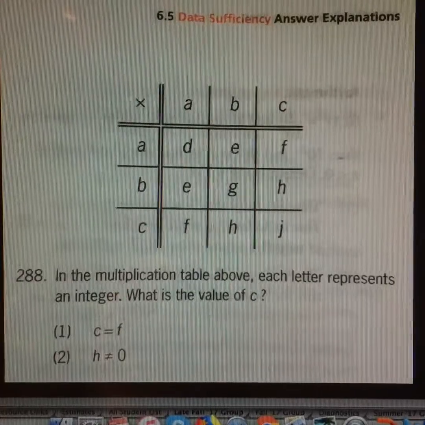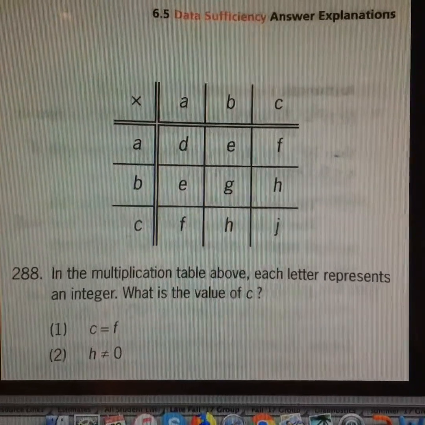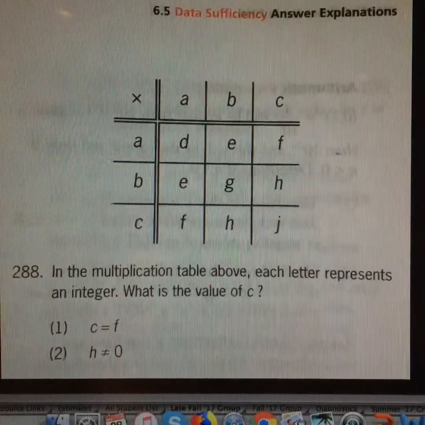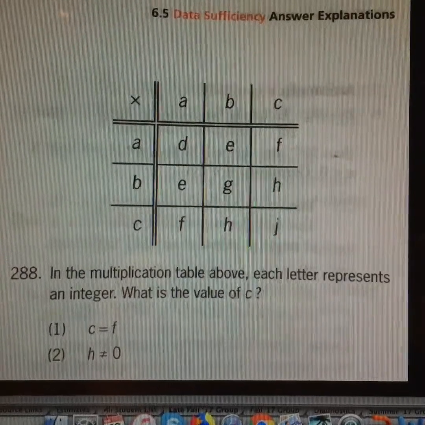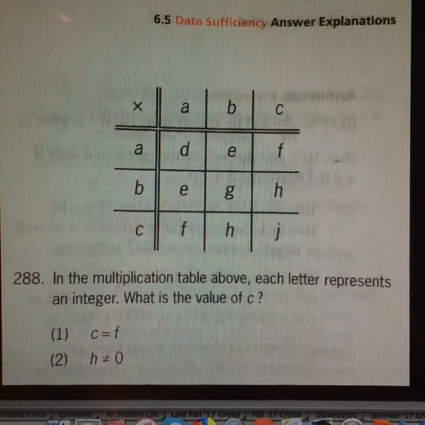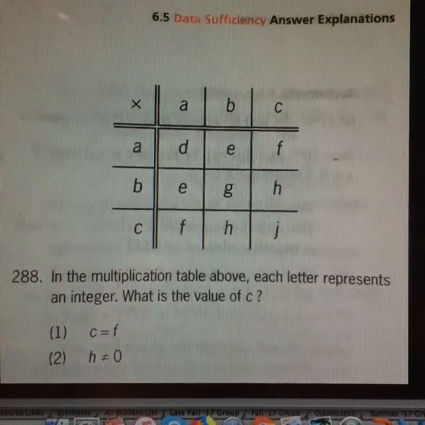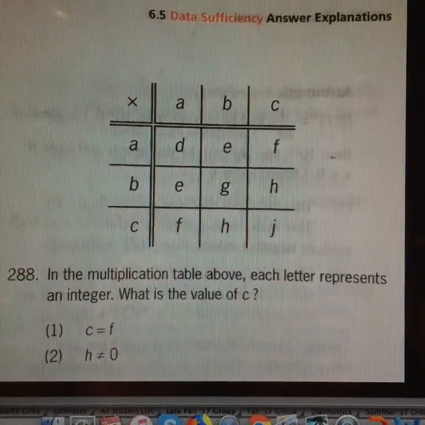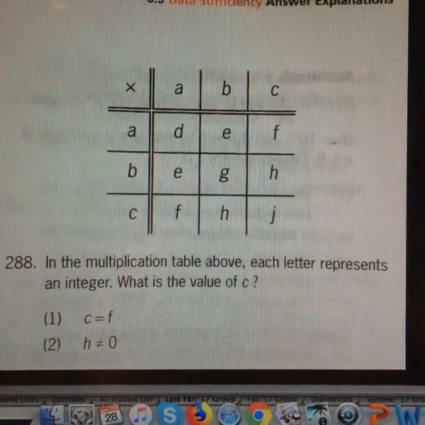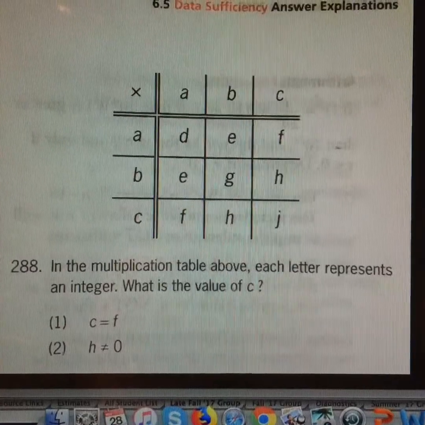The labels in each column and row are A, B, C. All 3 columns are labeled A, B, C, and all 3 rows are also labeled A, B, C. So essentially, when we look at, let's say, first column, first row, the table suggests that A times A equals D. And then we can look at other rows and column combinations and see, for example, that A times B equals E, A times C equals F, and so on and so forth. Obviously we have no numbers here, just a whole bunch of variables. And the question is, what is the value of C?